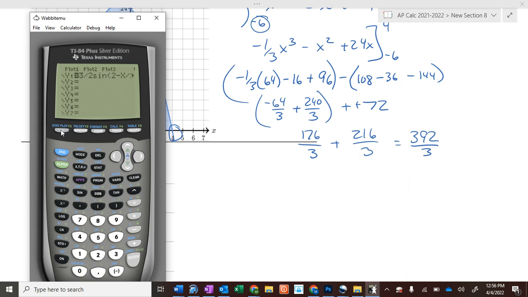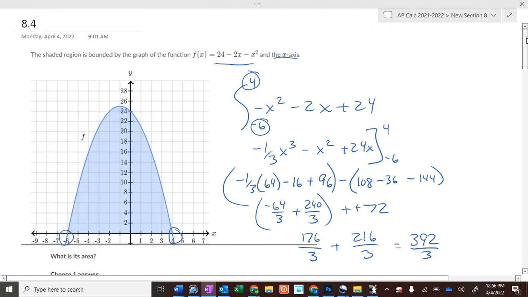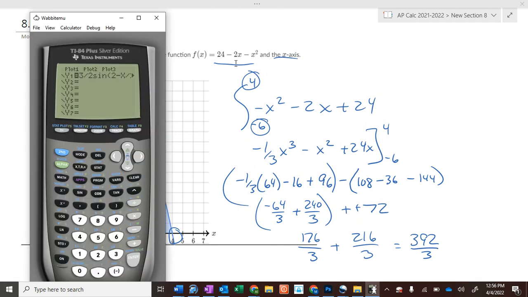If we go y equals, and we put in the original function, 24 minus 2x minus x squared, and you graph it, and you go second trace, and then we go 7.